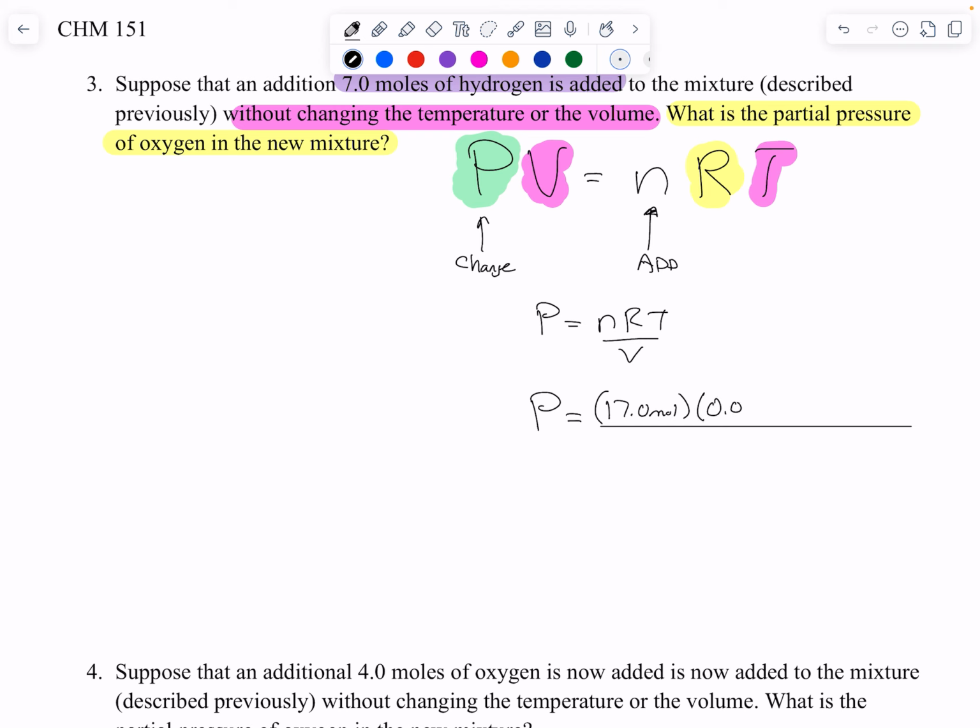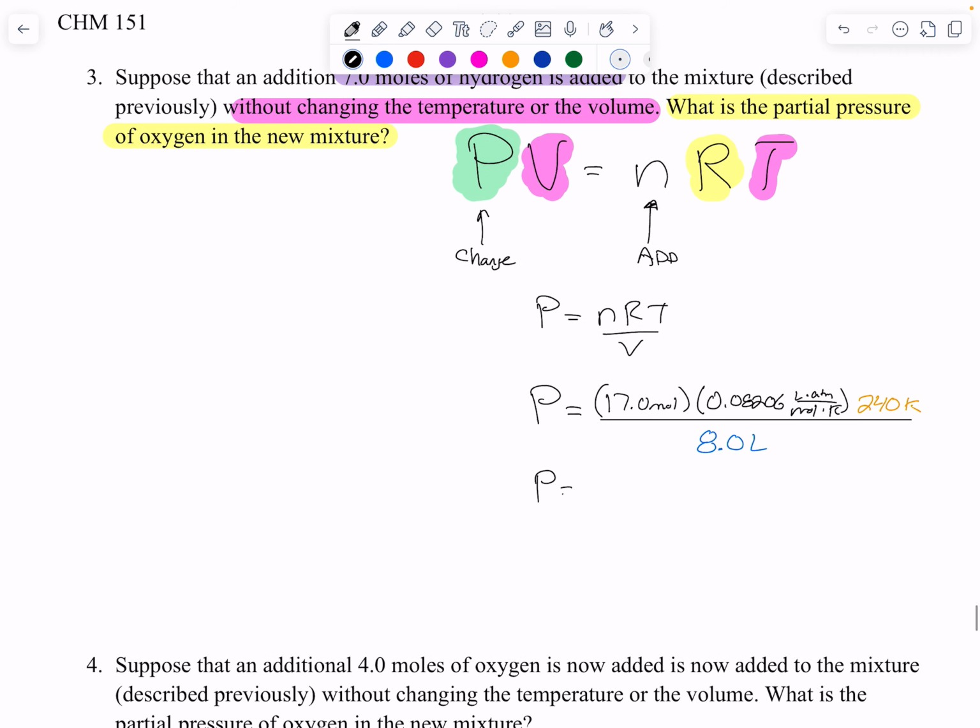R is 0.08206 liter-atmospheres per mole-Kelvin. We have 240 Kelvin, right? Because with sig figs rules, even though 244 would be better, it's only 240 Kelvin. And then I have 8.0 liters.